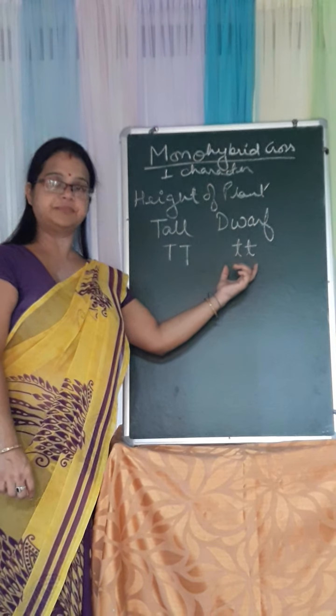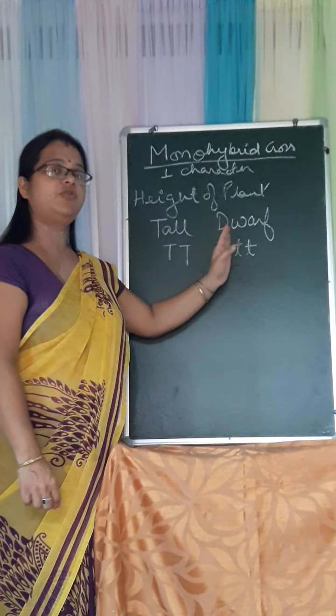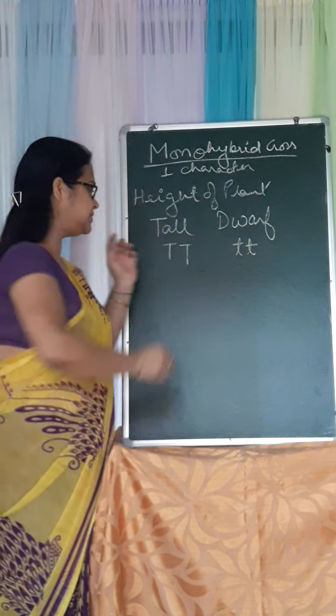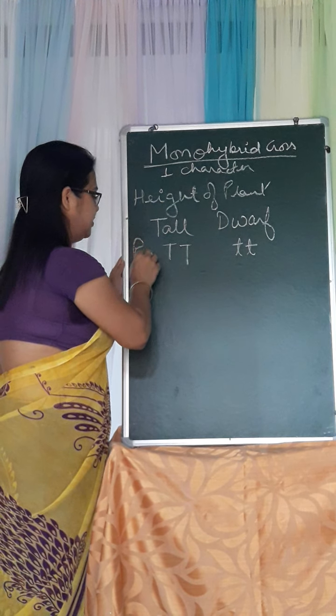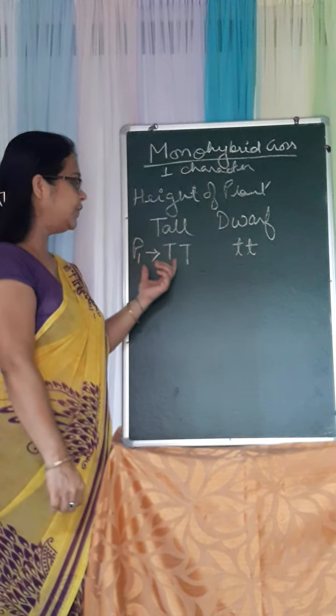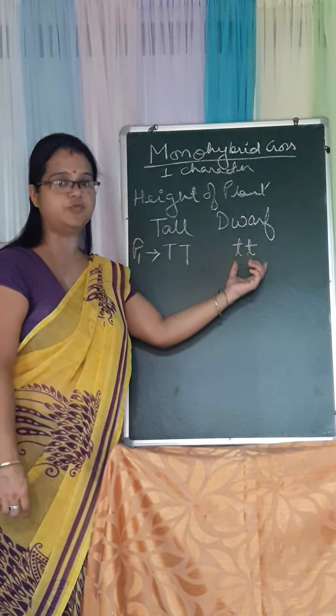Now these plants are crossed. This is the parental generation, which we consider as P1. In this parental generation we are first crossing a tall and a dwarf plant.